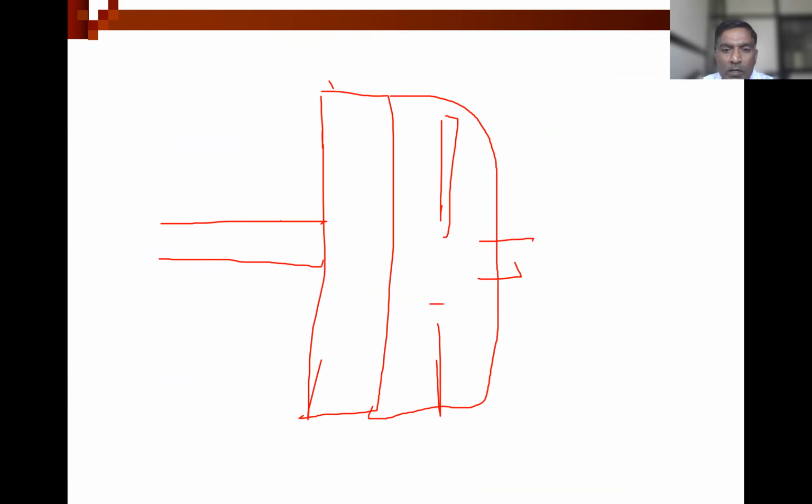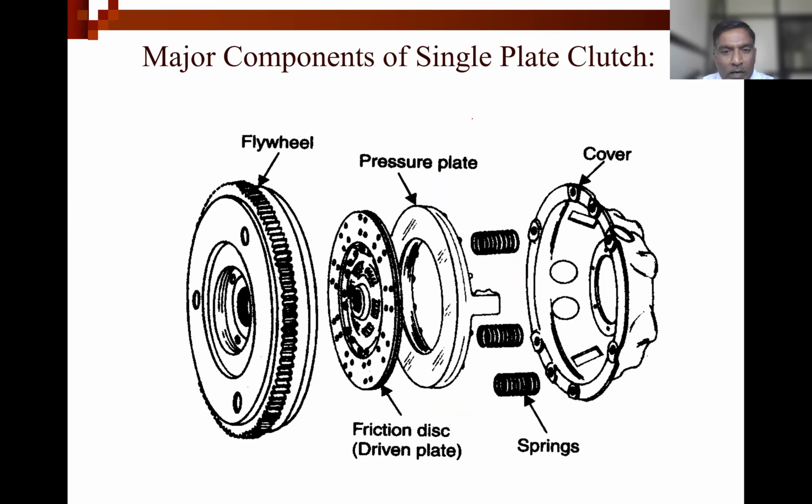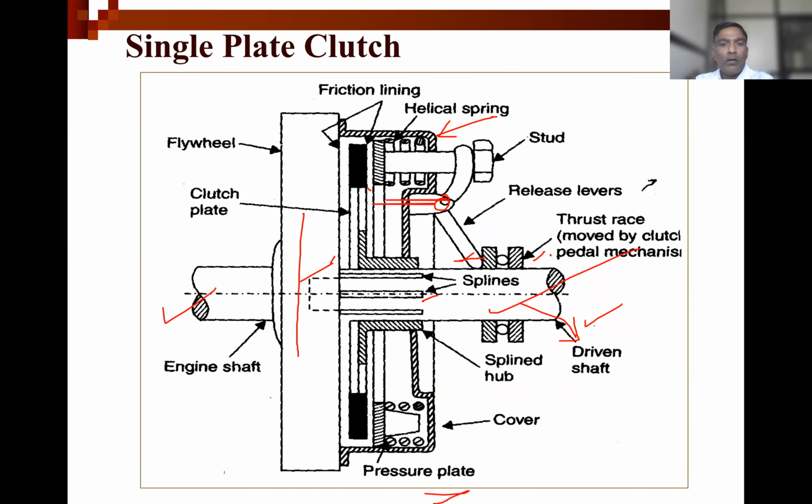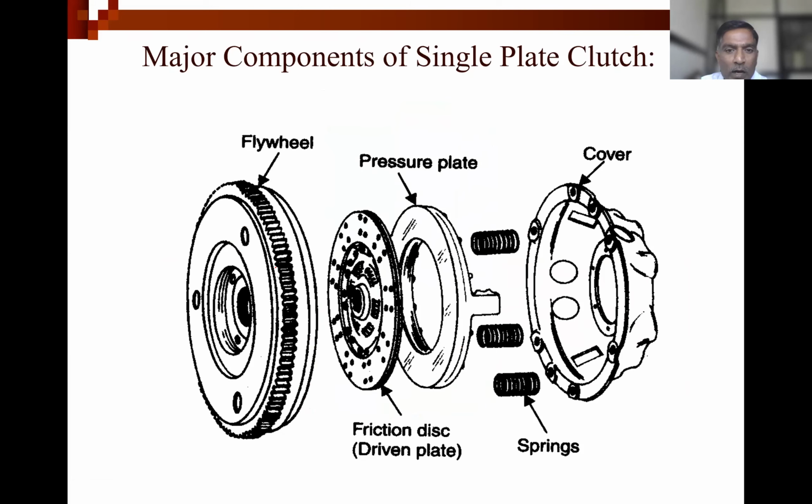This one is the pressure. हे casing सुद्धा flywheel बरोबरच फिरत आहे. As it is mounted on the flywheel, casing is mounted on the flywheel, and inside that, this is the pressure plate. So you can see another view.